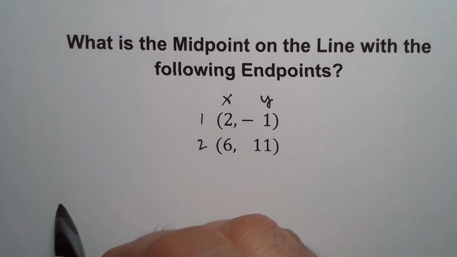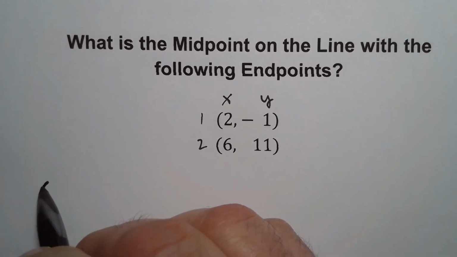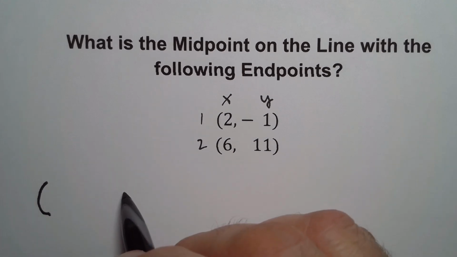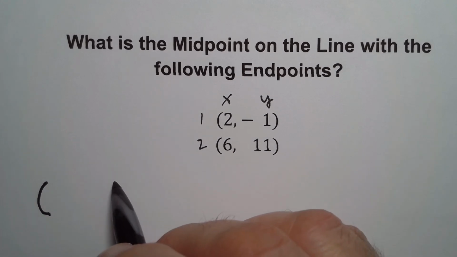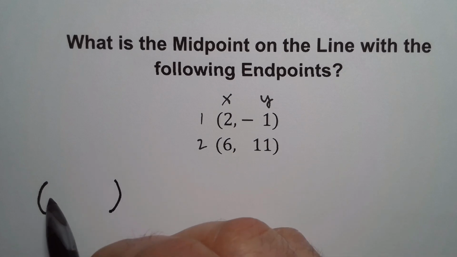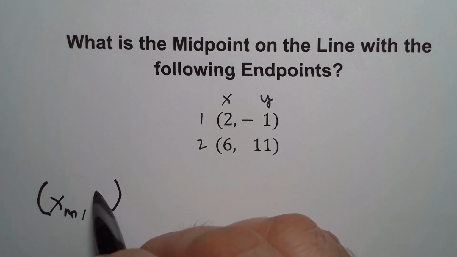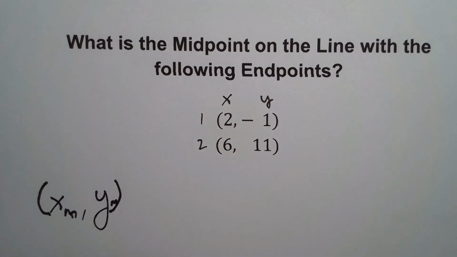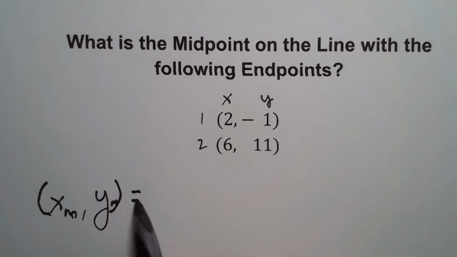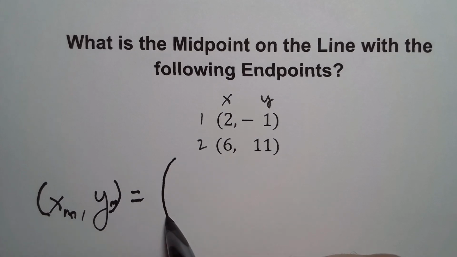And the midpoint is the point that's directly equidistant between both endpoints. And that's going to have x at the midpoint and y at the midpoint. And we're going to find that by using this formula.